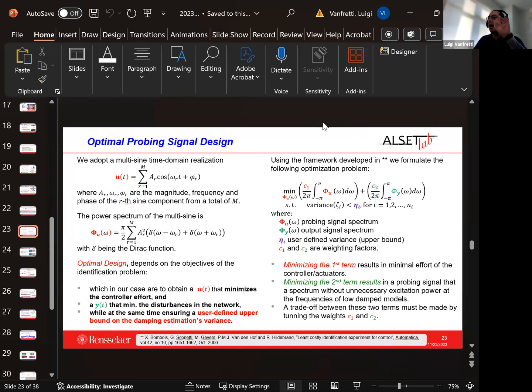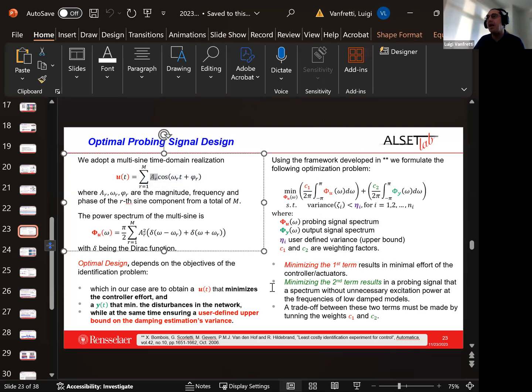You say, I want to put more importance on minimizing the disturbance. That will be C2. Okay, so you set C2 to 100. Then you solve the optimization problem, where you have to find these ARs, which is the amplitude at each of the frequencies that you want to probe.